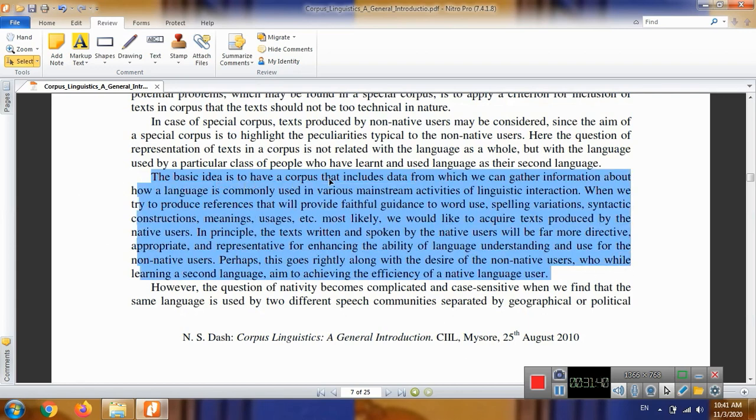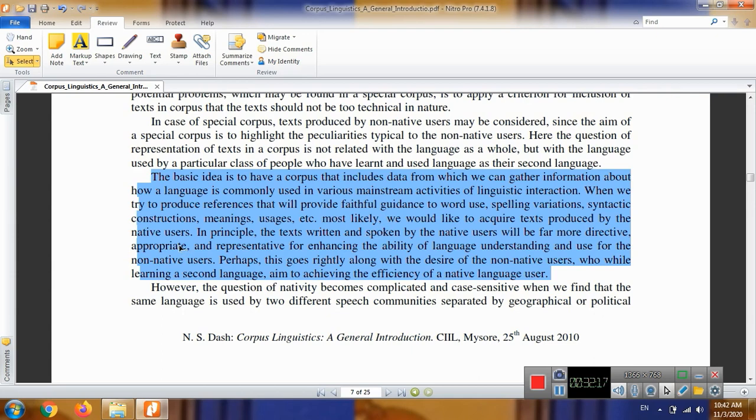The basic idea is to have a corpus that includes data from which we can gather information about how a language is commonly used in various mainstream activities of a linguistic interaction. When we try to produce references that will provide faithful guidance to word use, spelling variation, syntactic construction, meaning usages, etc., most likely we would like to acquire texts produced by the native users.